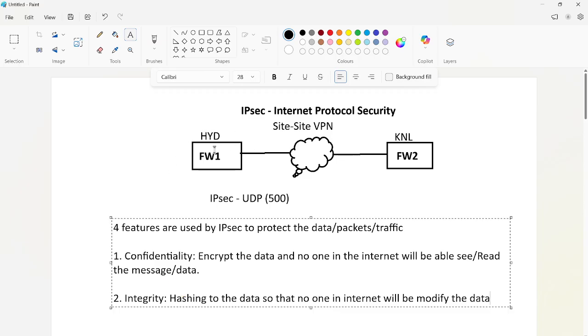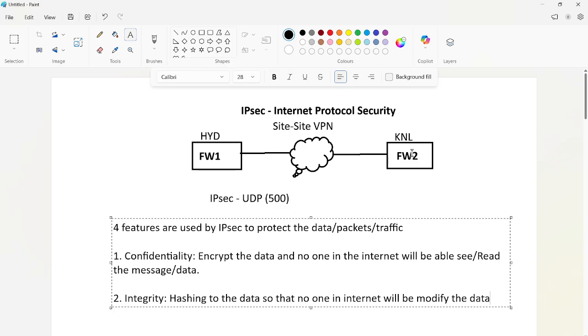Let's suppose you are sending some information, and they are accessing it and trying to put in their own information. Whatever you receive on the firewall too, there may be unwanted links, or they may be sharing some unwanted data to your other branch office to get information from them.